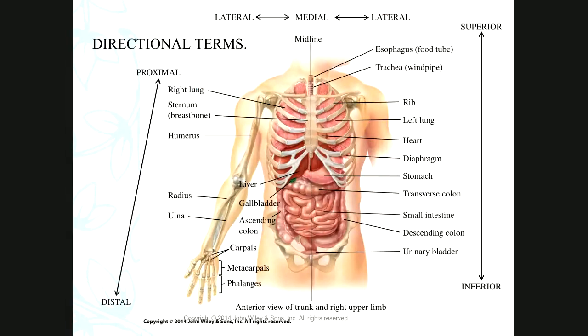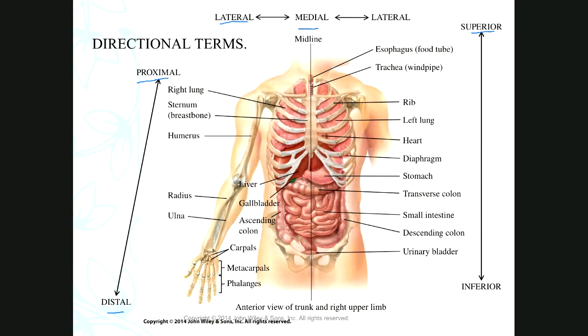So again, going over the directional terms, anything towards the midline, we call it medial. Anything away from the midline, we call it lateral. In the upper extremity or lower extremity, we use only the terms proximal and distal. We'll also use superior and inferior.